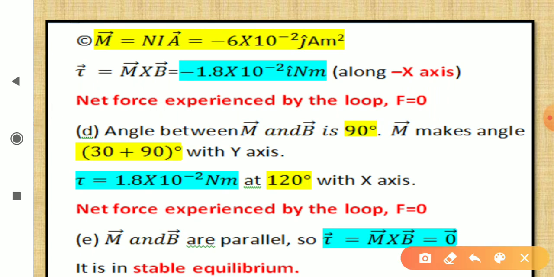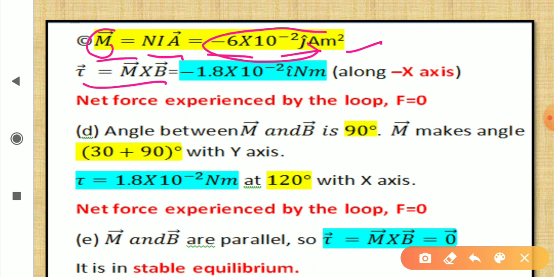The magnetic moment is NIA, and it is minus 6 into 10 to the power minus 2 J ampere meter square. See, the direction of this M is along the minus y-axis, and minus y-axis is minus J cap. Now torque is equal to m cross B.